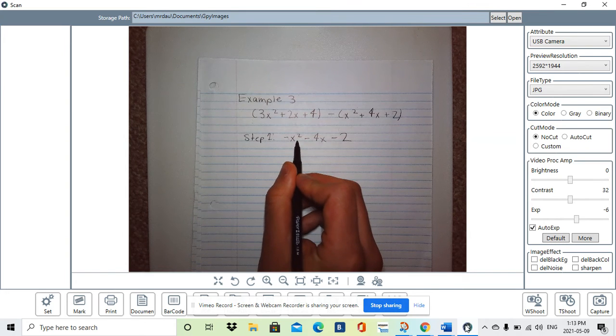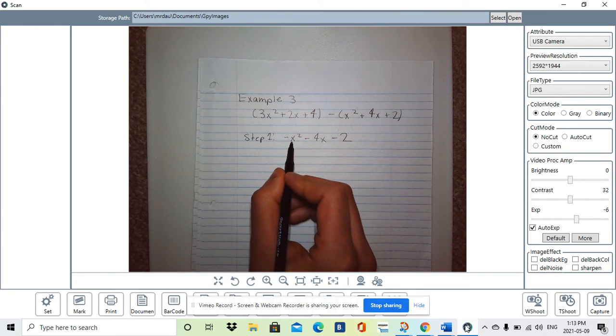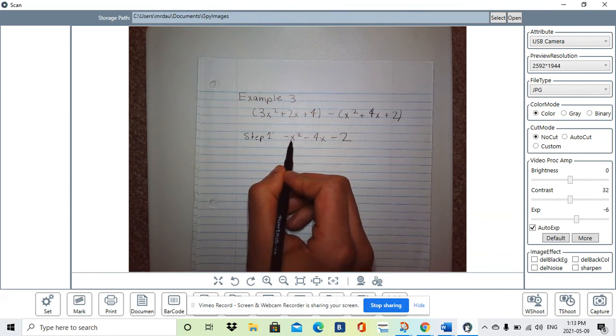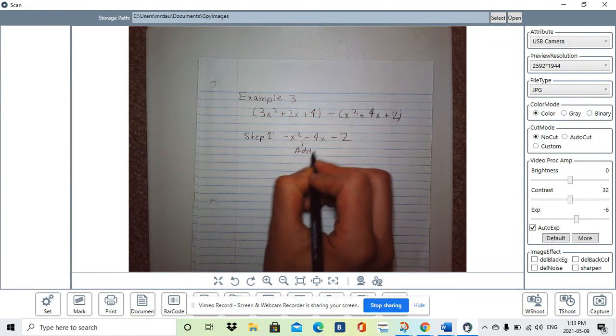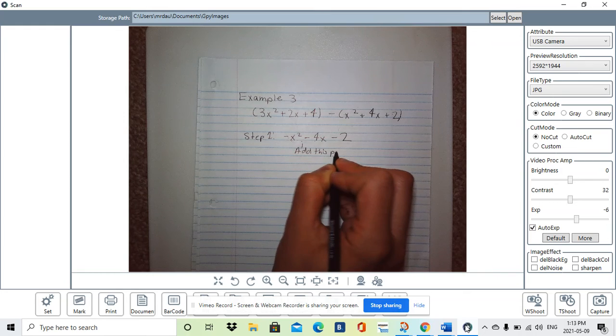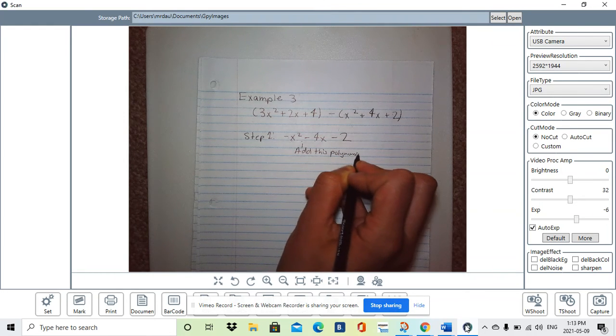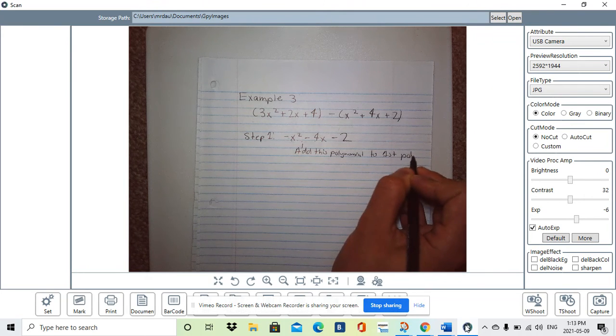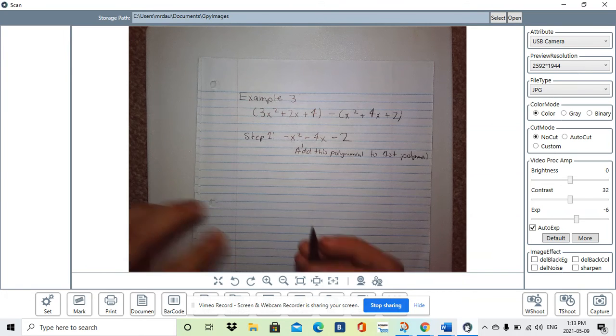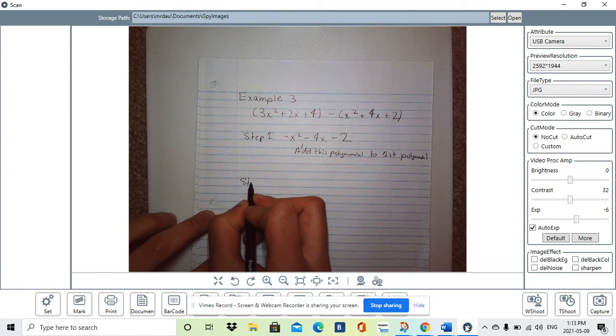We flipped all the signs, so now we have our new polynomial. We have to add this polynomial to the first polynomial. Okay? So now, let me do step 2.